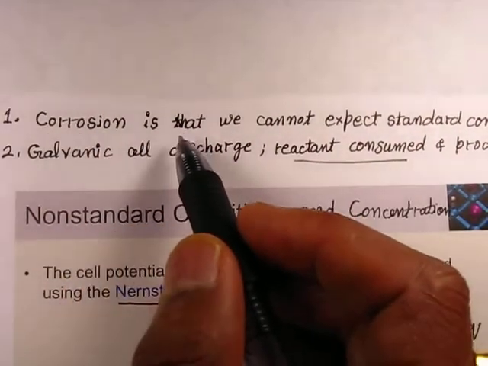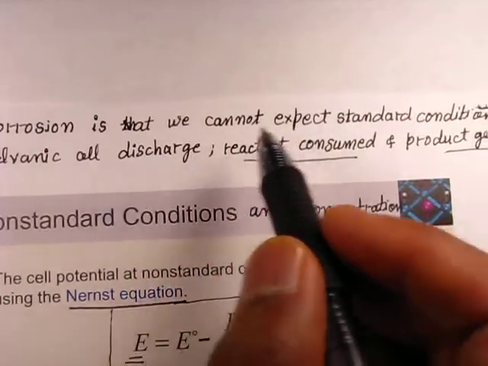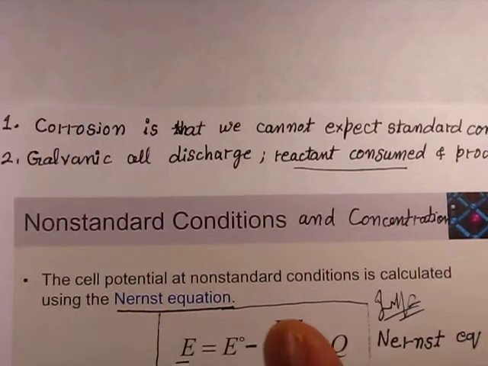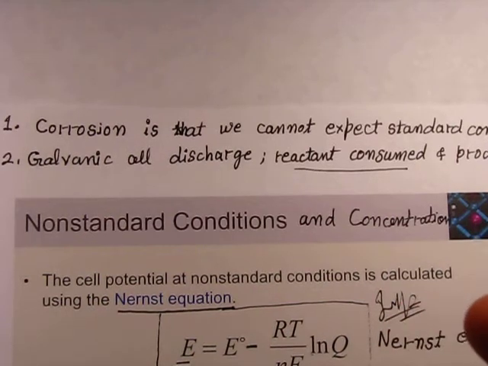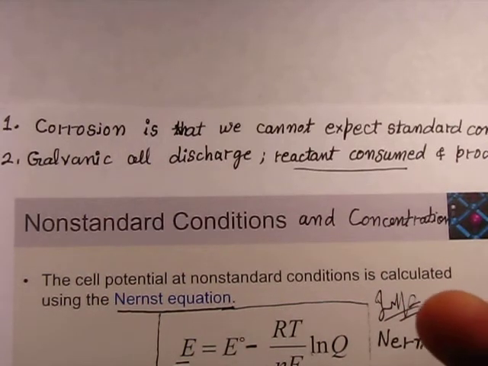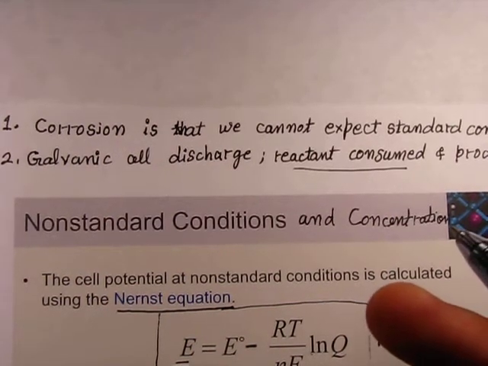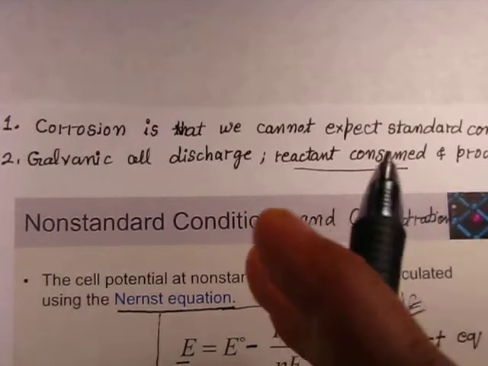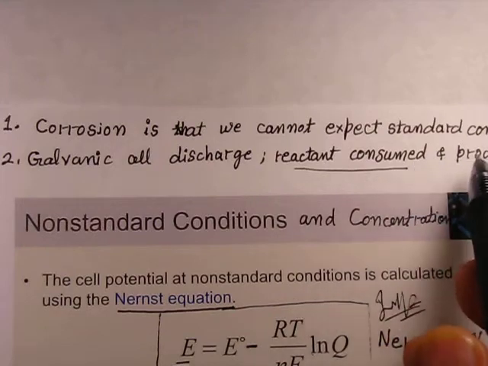that corrosion or rusting is something where we cannot expect the standard conditions, right? If you leave the iron in the outside atmosphere, the temperature changes a lot. In the night time it's very cold and in the daytime it's very hot, so it never remains a standard condition.